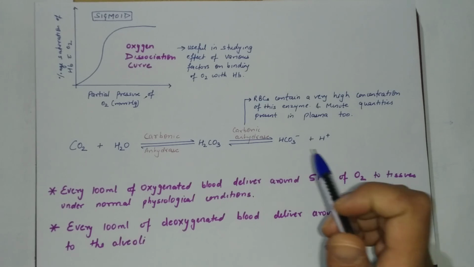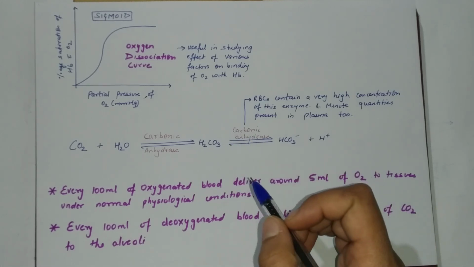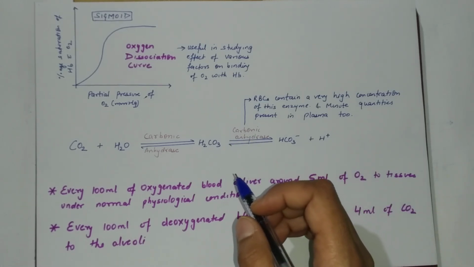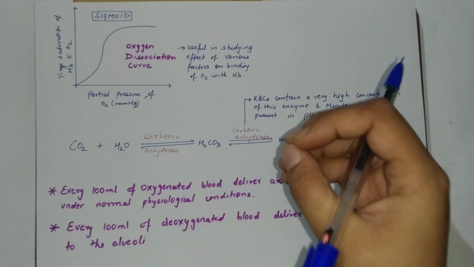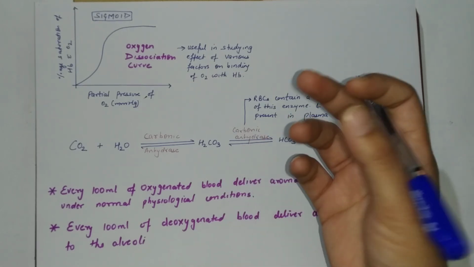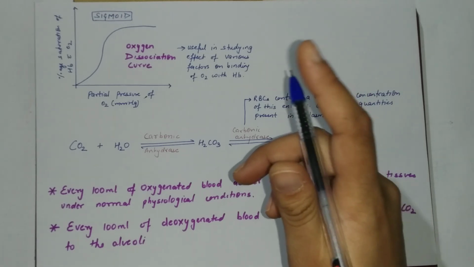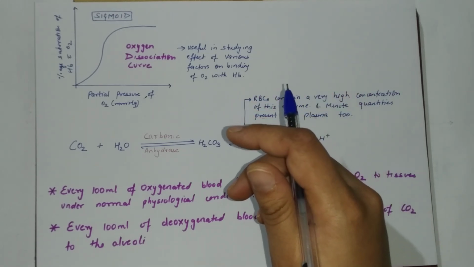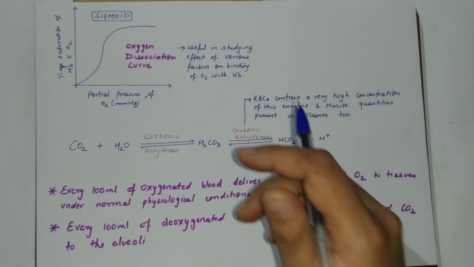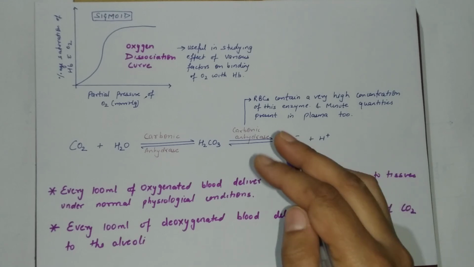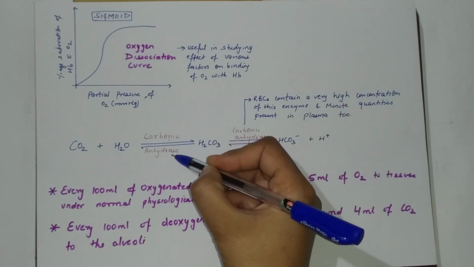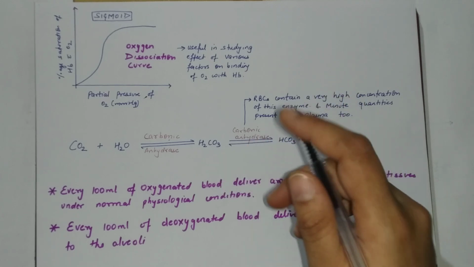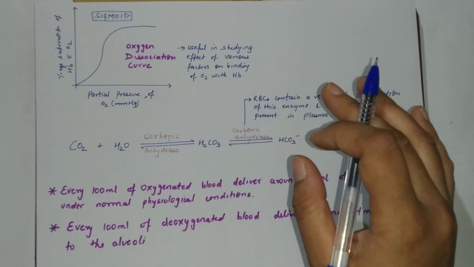Okay, now let's see the transport of carbon dioxide. As we know, about 20 to 25% of carbon dioxide is transported by RBCs in the form of carbaminohemoglobin, and the major chunk of carbon dioxide is transported as bicarbonate. For this transport, RBCs contain a very high concentration of the enzyme carbonic anhydrase, and a minute amount of this enzyme is also present in plasma.